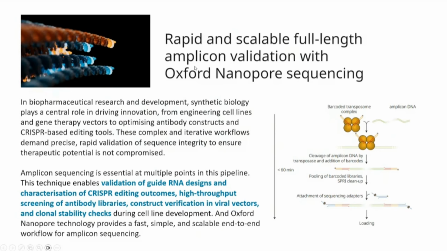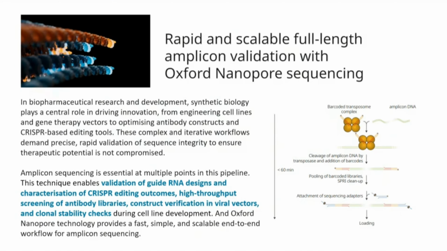So after having these applications from Oxford Nanopore sequencing, what can we do with them? One frequently applied scenario is in biopharmaceutical research and development. Sometimes the projects involve engineering of cell lines and gene therapies involving CRISPR-based editing tools.